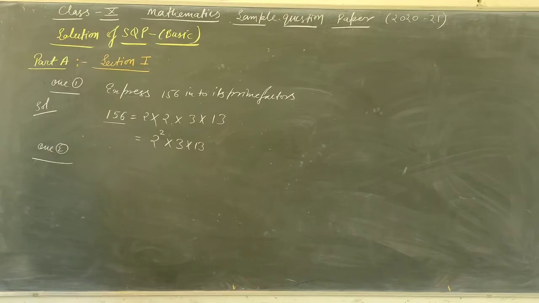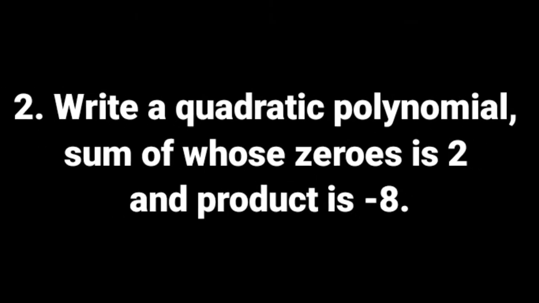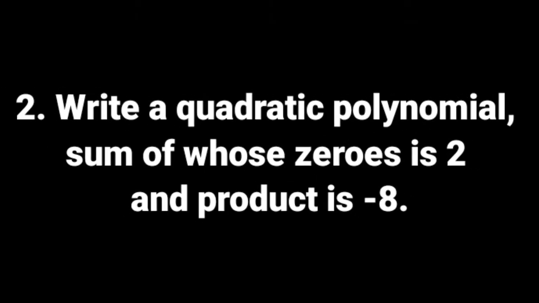What is given in this question? Write a quadratic polynomial, sum of whose zeros is 2 and product is -8.